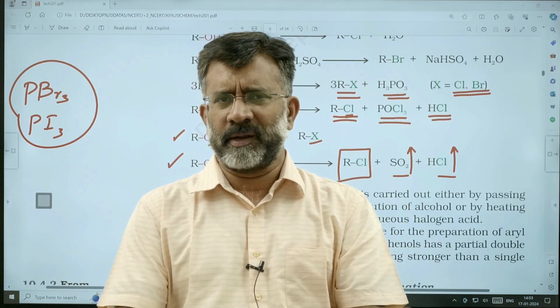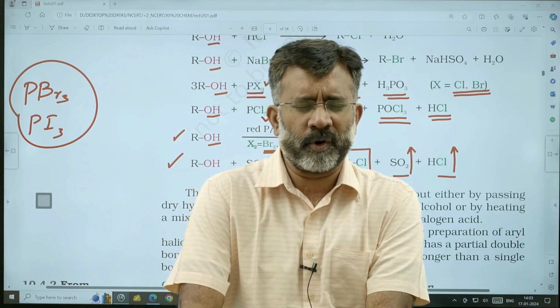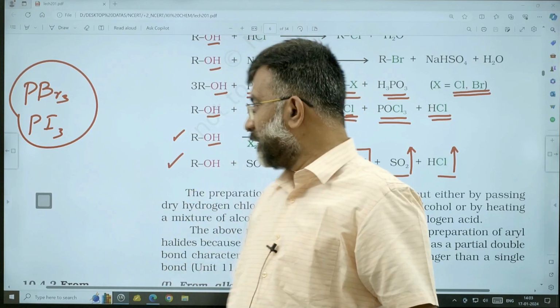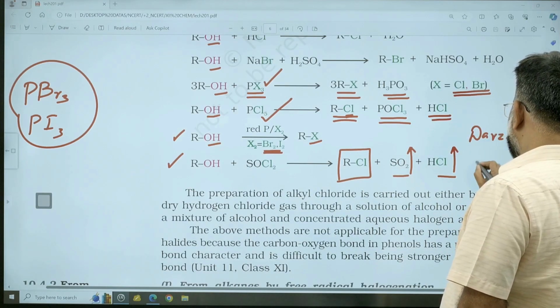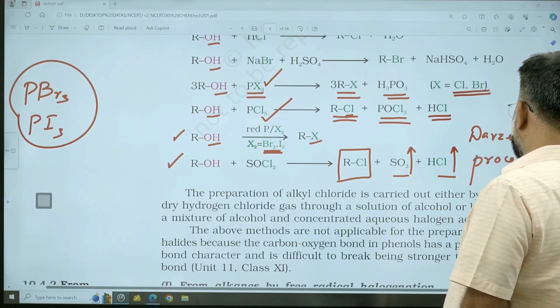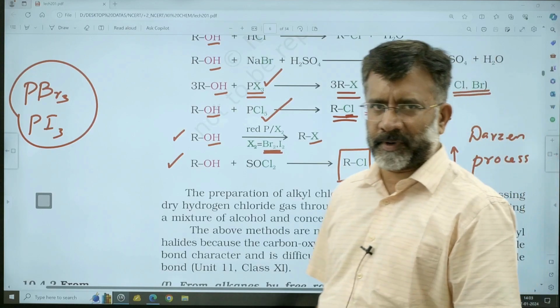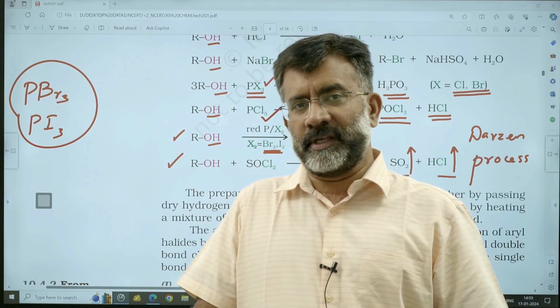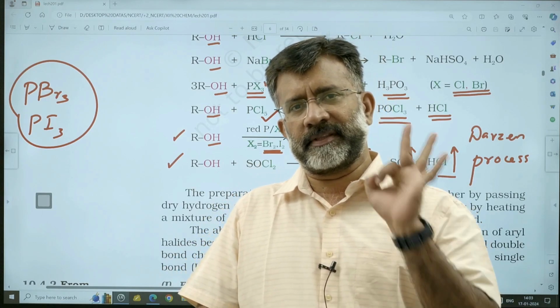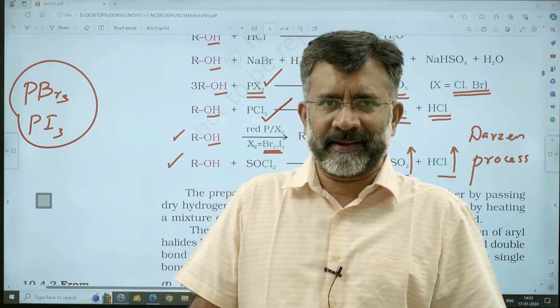You might have learned this procedure, the so-called Darzens procedure. Darzens process: producing alkyl halide with SOCl2, alcohol treated with SOCl2.